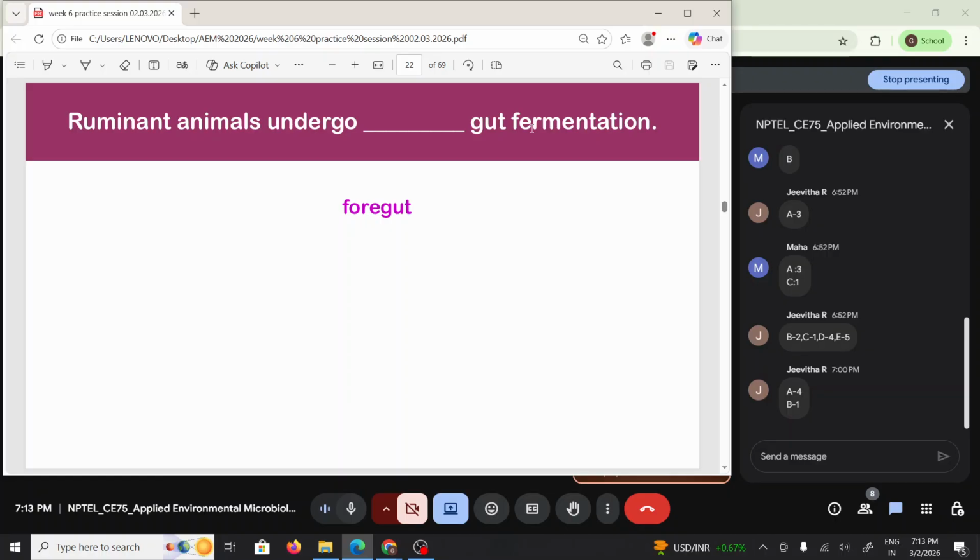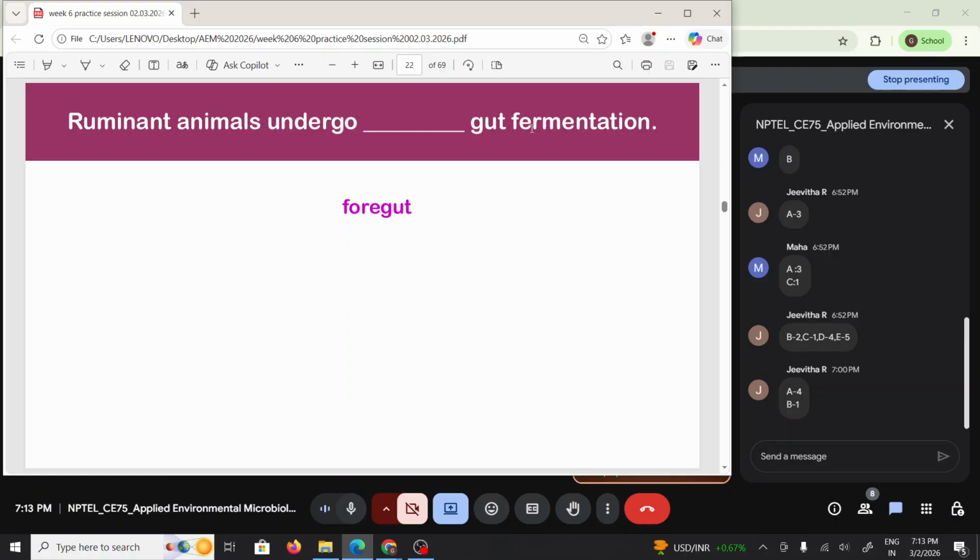Goats, all of these are called ruminant animals, and they have a four-chambered stomach. The four chambers include the rumen, reticulum, omasum, and abomasum. Since they are ruminating, which means chewing the cud, they eat the partially fermented food, and this food is fermented in the rumen itself, which is called the foregut.